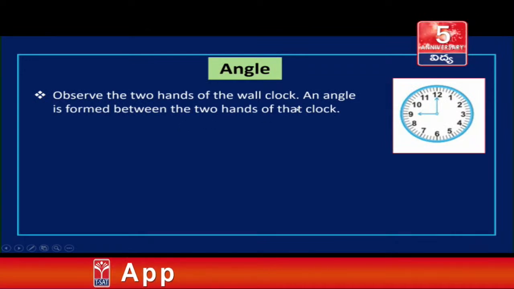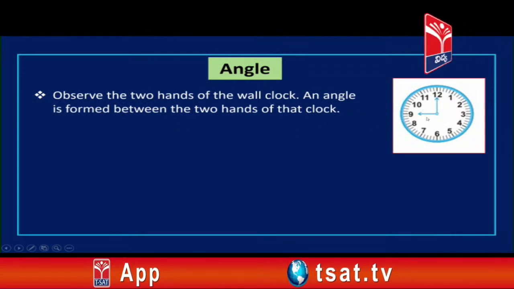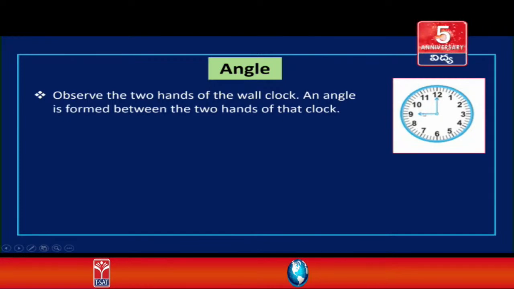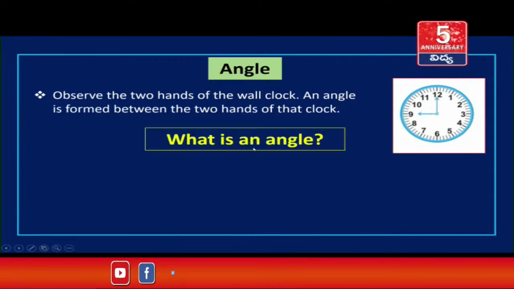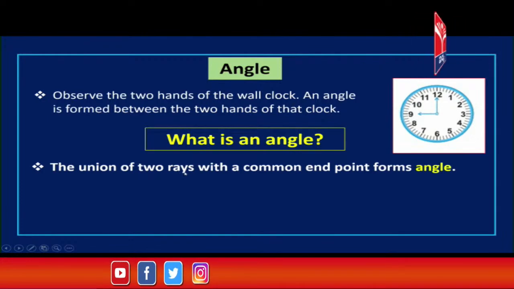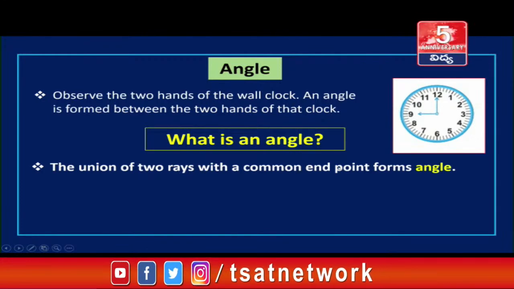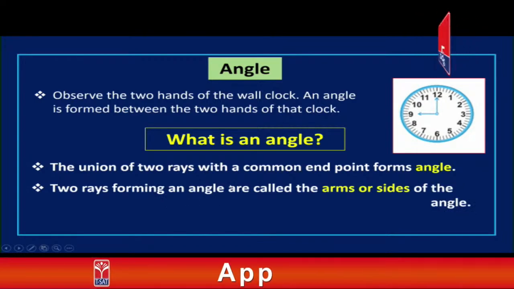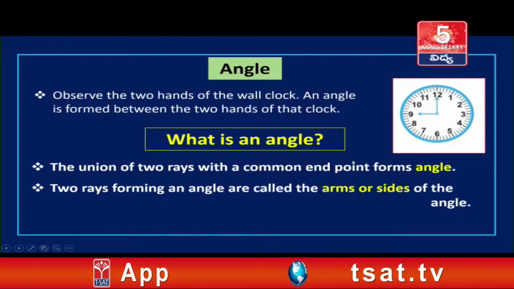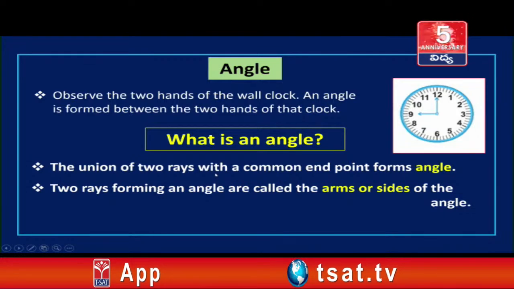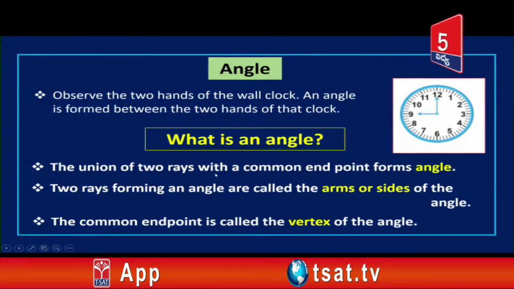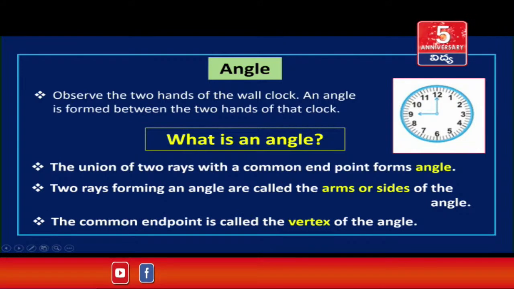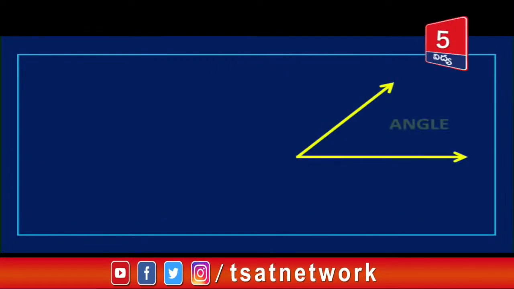Observe two hands of the wall clock. An angle is formed between the two hands of the clock. What is an angle? The union of two rays with a common end point forms an angle. Two rays forming an angle are called the arms or sides of the angle. The common end point is called the vertex of the angle. Observe the slide.